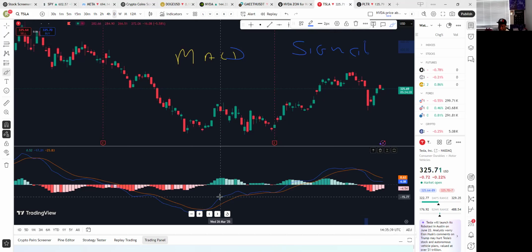Whenever the MACD line crosses above the signal line, the stock is bullish.